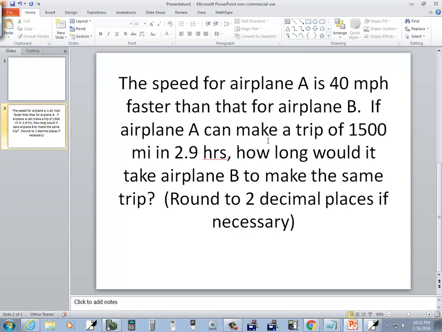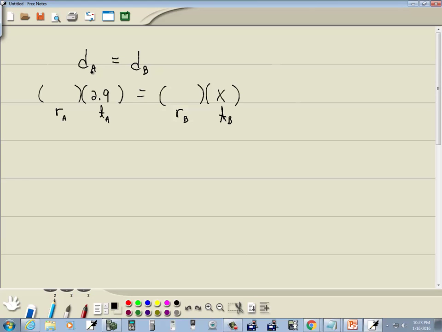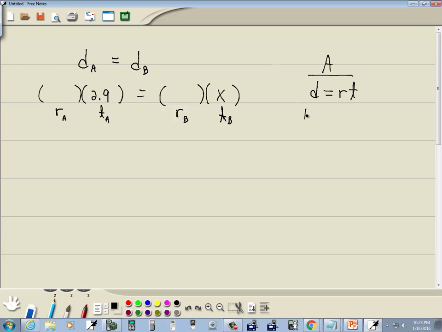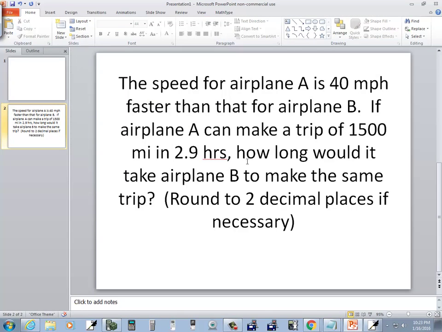Well, it says airplane A can make a trip of 1,500 miles in 2.9 hours. So they're giving us the distance here, D. But let's focus on airplane A. If we look at D is equal to R times T, and I won't put the sub A's here, but they just apply to airplane A. They tell us airplane A can make a trip of 1,500 miles, so D is 1,500 in 2.9 hours.